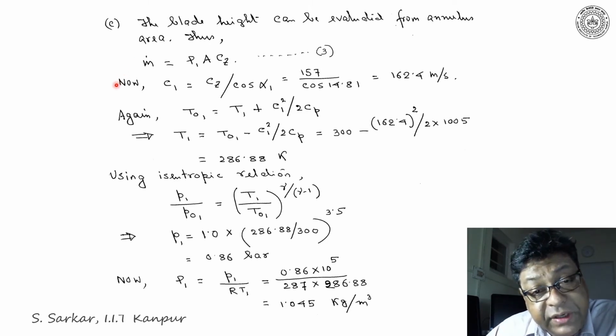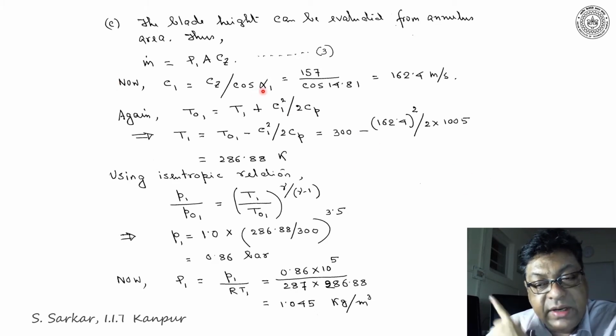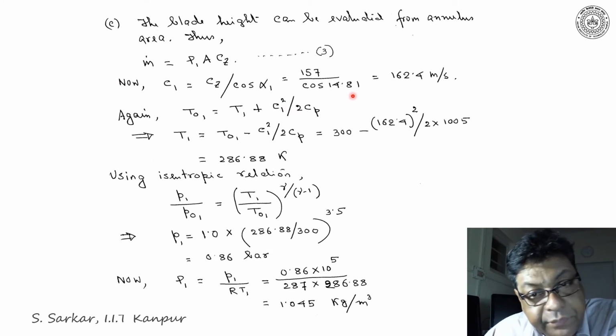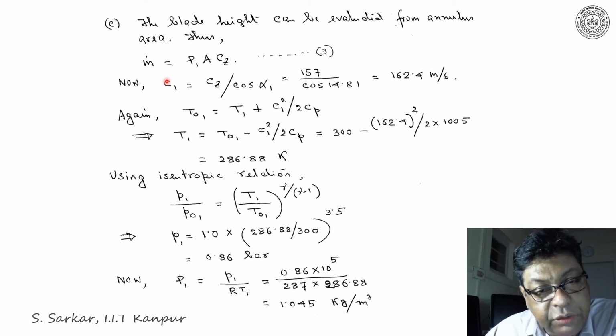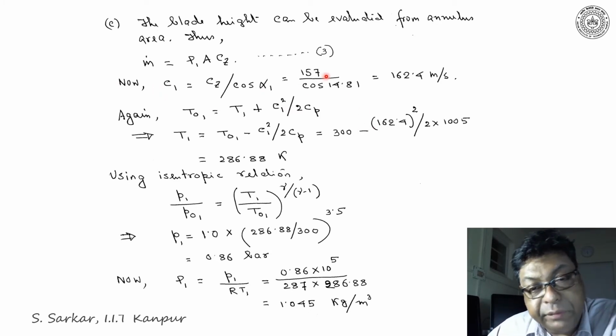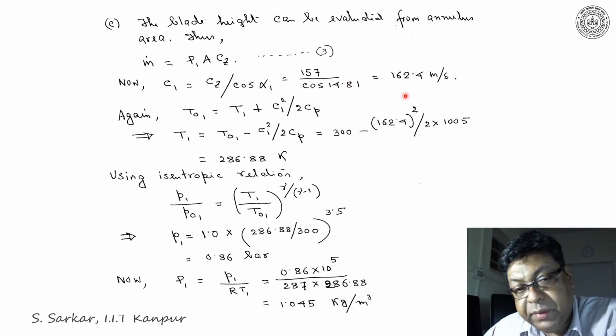Now from the velocity triangle I can get C1 is equal to Cz divided by cos alpha 1. Thus alpha 1 equal to beta 2, that means equal to 14.81 degree. So C1 would be equal to 157 divided by cos 14.81 degree. It is equal to 162.4 meter per second.